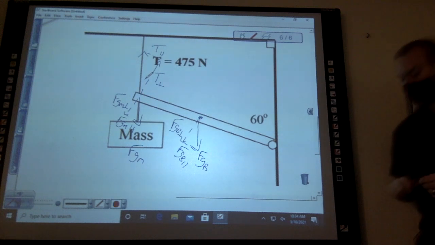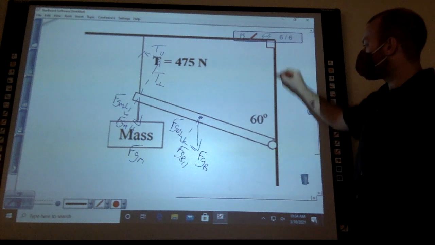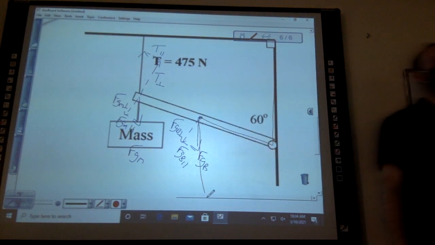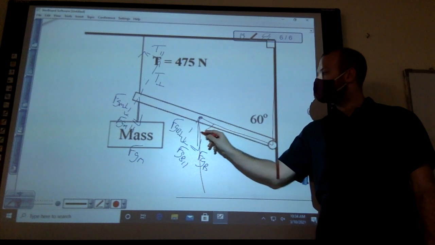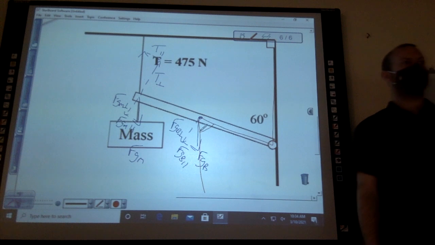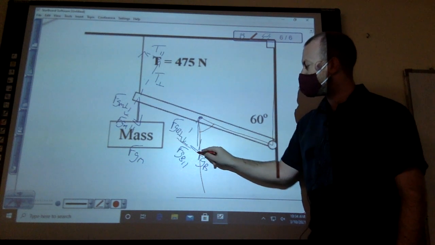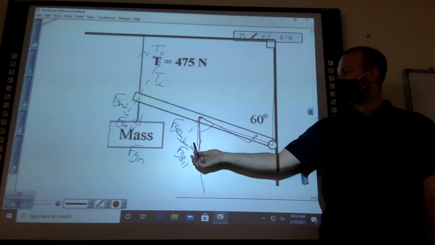So, everyone remembers the Z rule, right? There's a Z, which tells me this is 60. So if I make another Z, here's a 60.